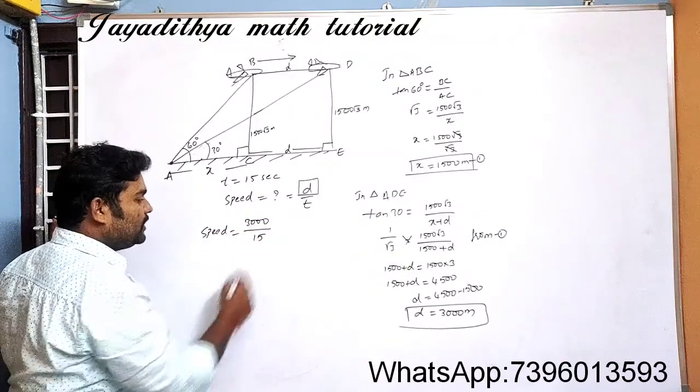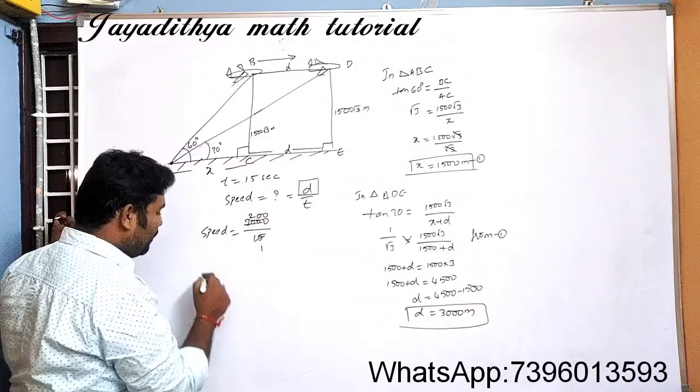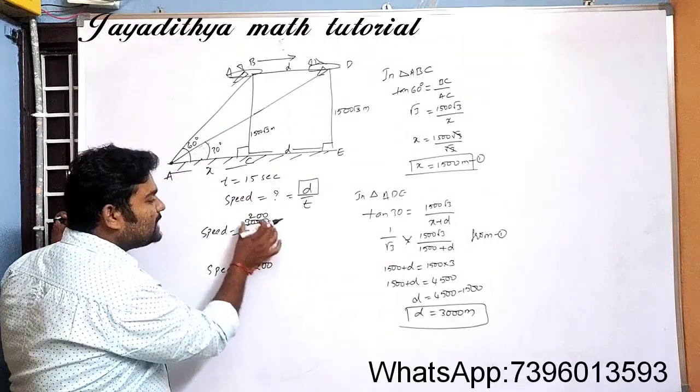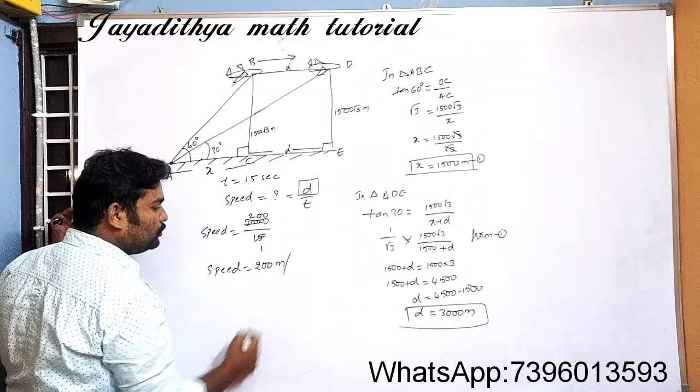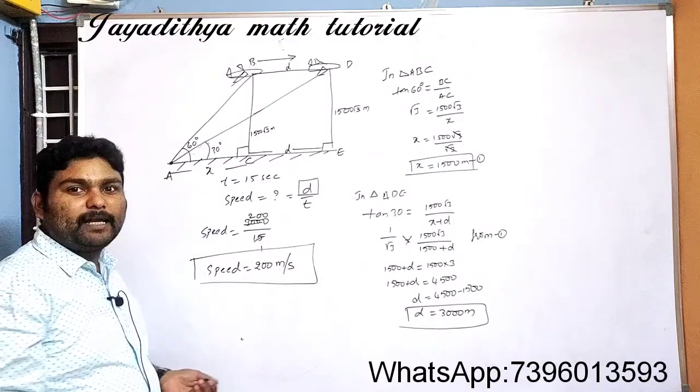Time is 15. So 15 ones are 15, 2s are 30, and 2 zeros we have. So speed will be equal to 200. Units are 3000 meters and 15 seconds. So 200 meters per second is the speed of the jet plane.